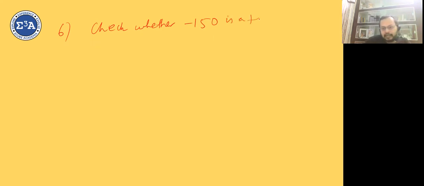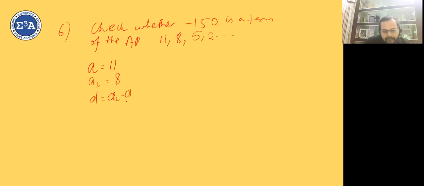The AP is given, 11, 8, 5, 2, dot. Is minus 150 a term of the AP? You have to check. First, what all things have been given? A is given 11, A2 is given 8. So D is equal to A2 minus A1, which is 8 minus 11, equal to minus 3. These all things are given. You have to check whether this is an element of the AP.